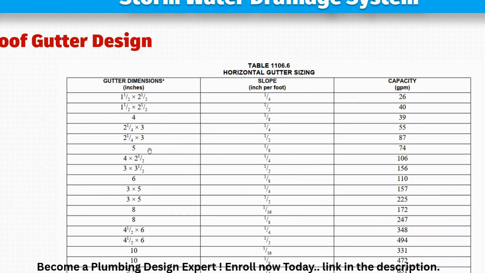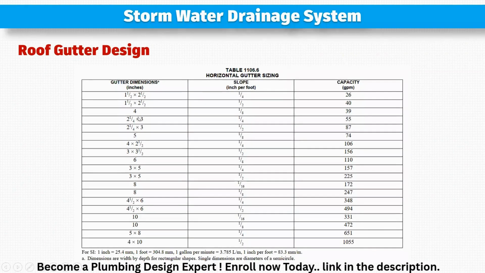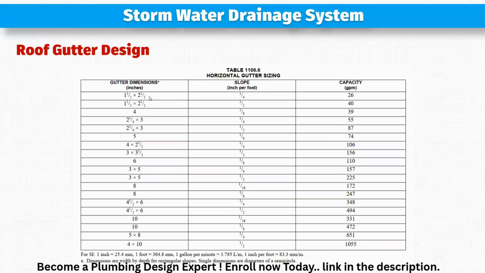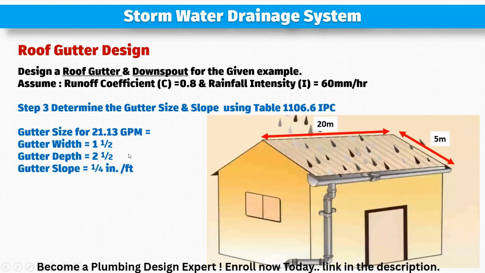For 74, 5 inches, that is for 74 GPM, a round one is recommended, that is the semicircular one. So this is as per the IPC recommendation. But if you want to calculate as per your requirement, as in this case we have a round one, you can calculate the cross sectional area and convert into a semicircular one. Okay, so this is about step 3 to identify the dimensions of the gutter and the slope.